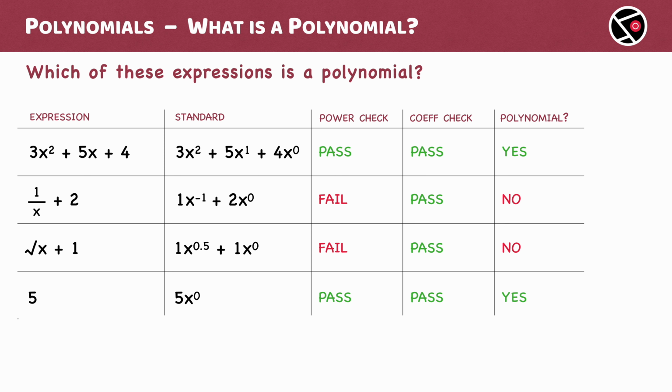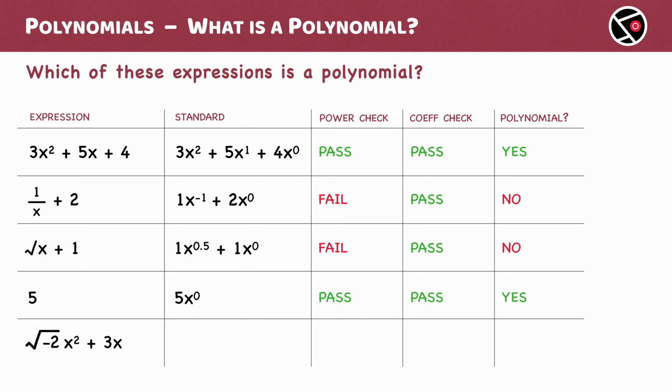So far, we have seen examples where both rules are satisfied and examples where Rule 1 fails. Let me add one more example to the list where Rule 2 fails. Square root of minus 2 x square plus 3x. We can rewrite this as square root of minus 2 x square plus 3x to the power 1.